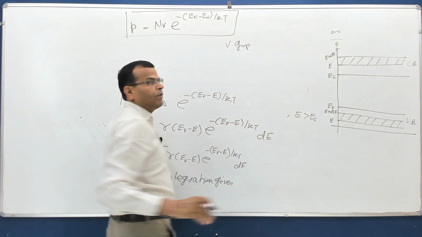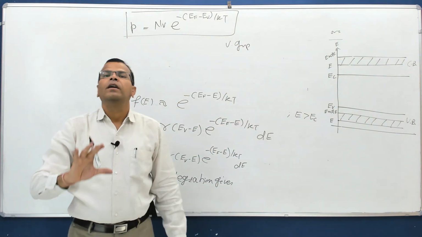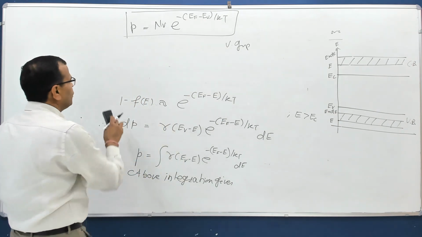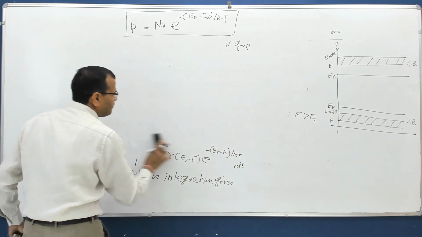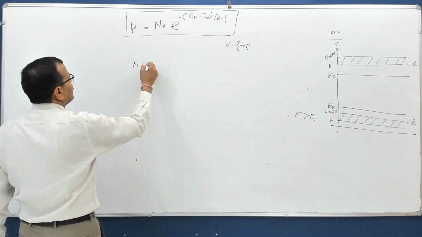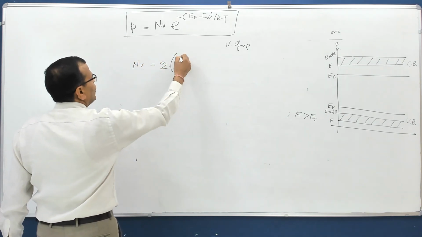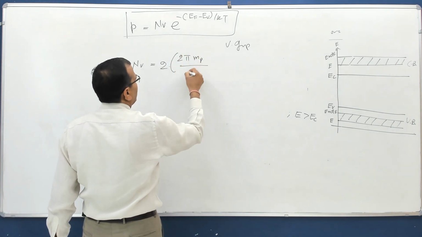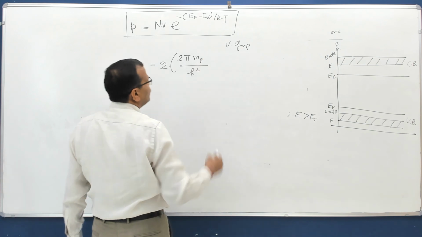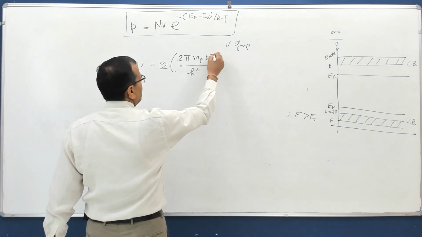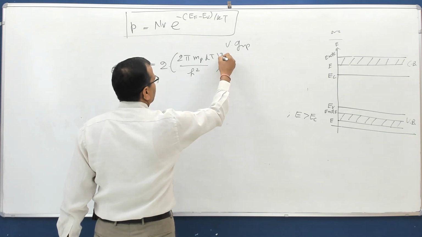This is a very important expression. Why? Because the complete Fermi level can be remembered for both types of semiconductors if you remember these two equations. So here, what is Nv? Nv is equal to 2 into (2 pi Mp kT by h square) power 3 by 2.